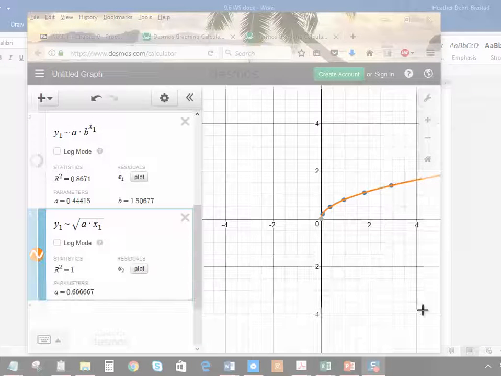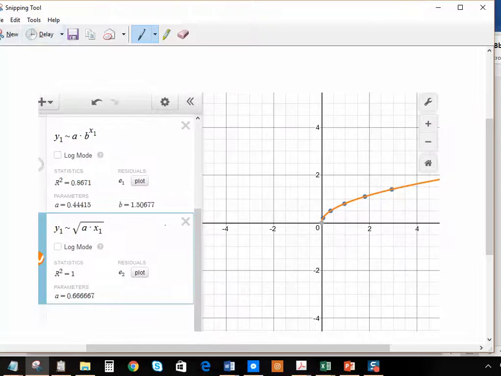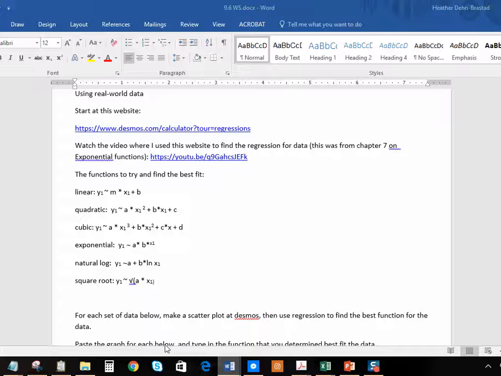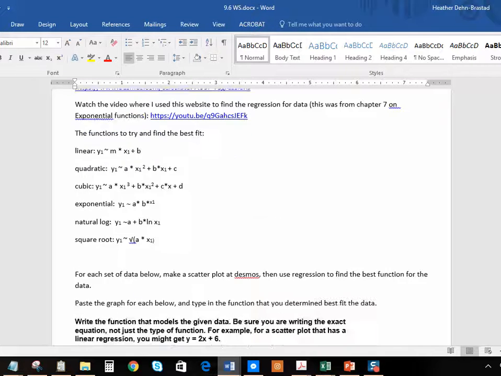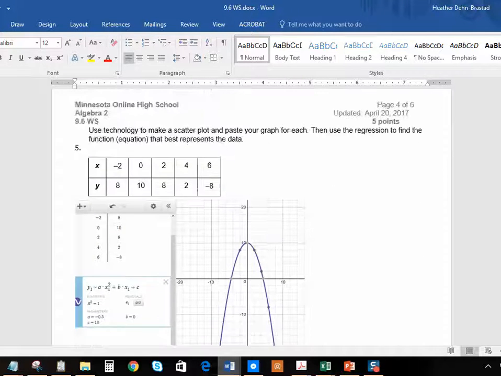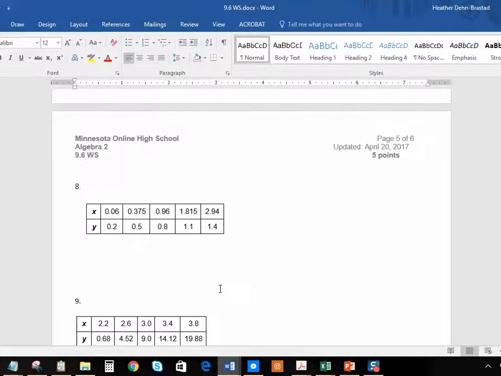So let's get a new snip, and I'll just take a picture of this and go to edit copy. You probably have this on your computer as well if you don't have another screenshot type of program. And then here's my worksheet, and this was for number 8, I believe.